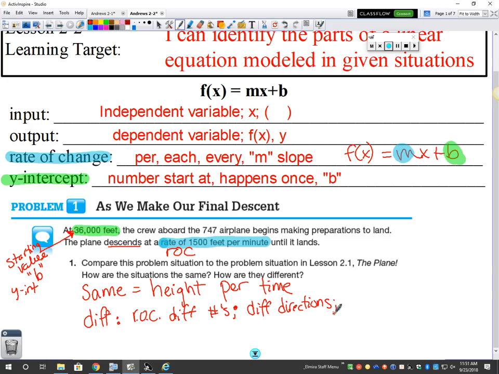And we're also having a different starting point. In the 2-1 airplane problem, we were starting on the ground, so that was 0. Here we're up in the air already, at 36,000 feet.